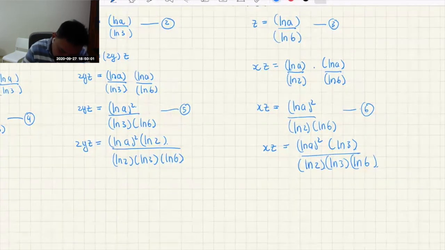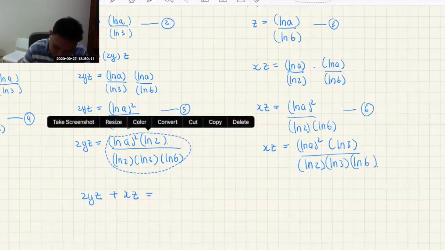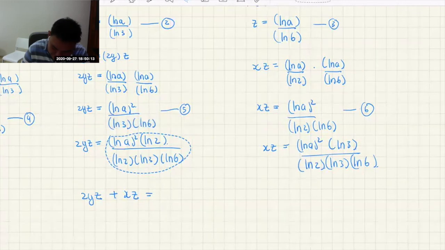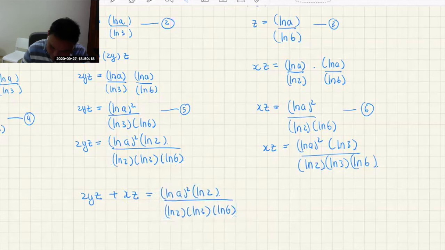So 2yz plus xz is these two added together.